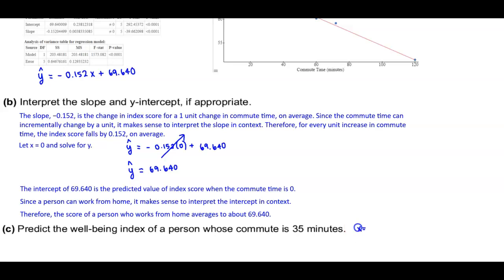Now the next question says, predict the well-being index of a person whose commute is 35 minutes. So X is going to equal 35, and we're using the equation Y equals negative 0.152X plus 69.640. We substitute X to be 35, so it's negative 0.152 times 35 plus 69.640.